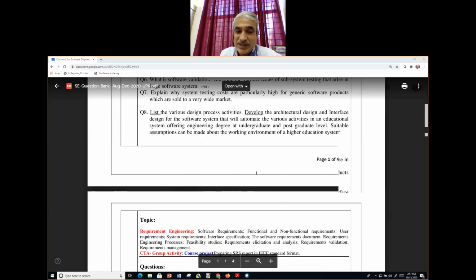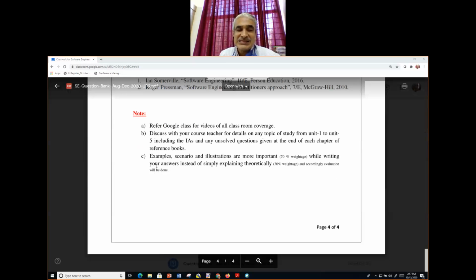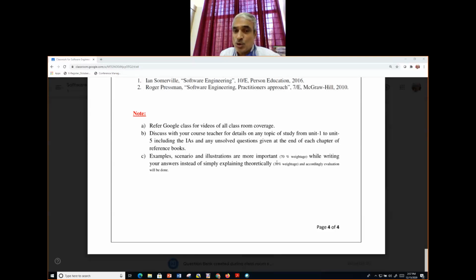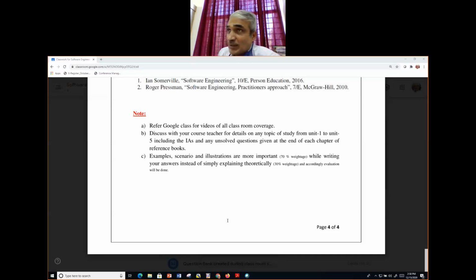I have written this at the end. Remember, in every explanation, examples, scenarios, and illustrations are more important, with 70% weightage, while writing any answer, instead of simply explaining theoretically. If you only explain theoretically, you get 30 to 40% of the total marks reserved for that.